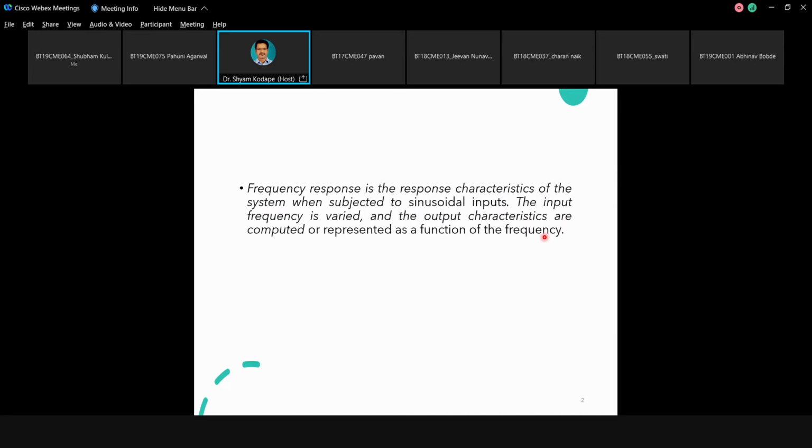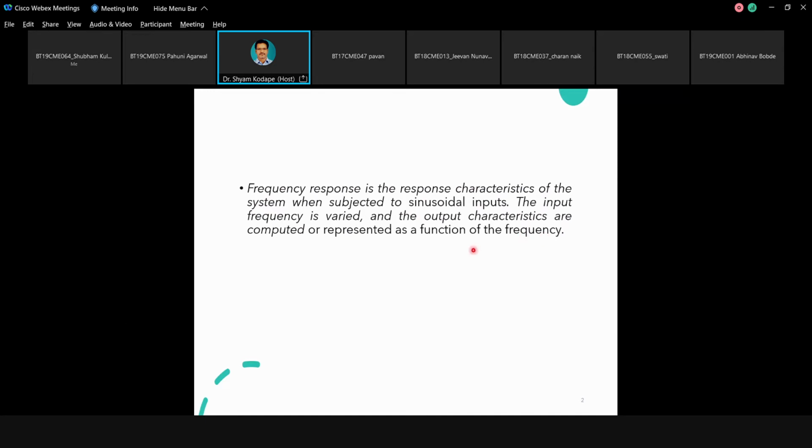Both are functions of omega. So can we vary omega and identify theta and R, and based on that, can we identify stability, instability, or analyze the system response? Yes, it is possible.